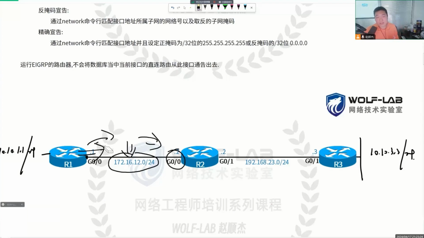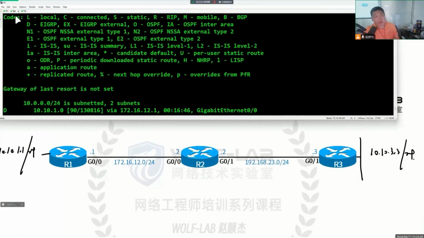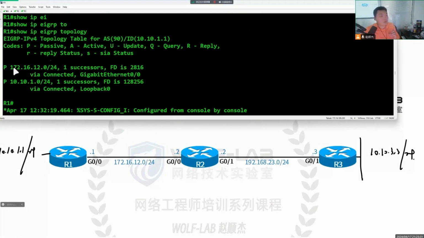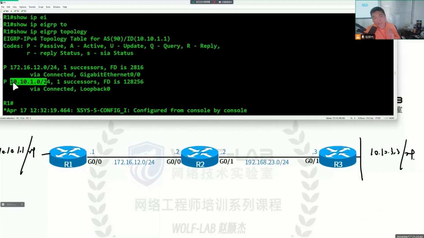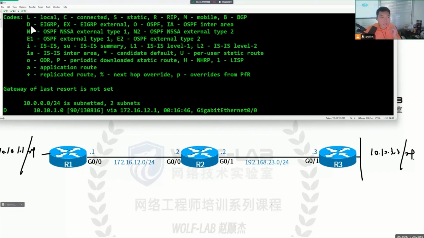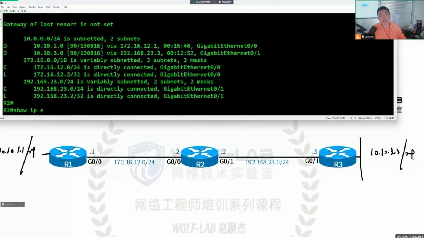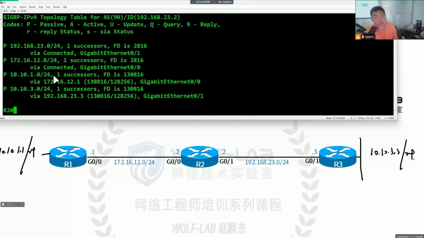So in R1's database, at first glance, there are two routes, but in fact, I will not send the directly connected route of the 0/0 interface out of the 0/0 interface. This is an invalid practice. What we announce are non-directly connected routes, routes other than the 0/0 interface's directly connected route. R1 will announce the directly connected route of its own loopback 0 interface. I will tell this database entry to R2. Then come to R2, show ip eigrp topology. What comes into our view?